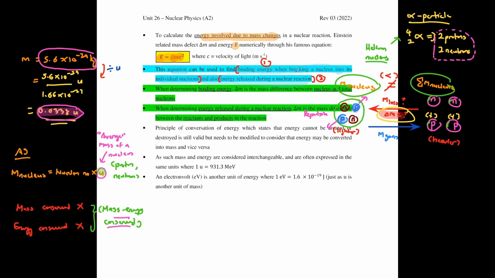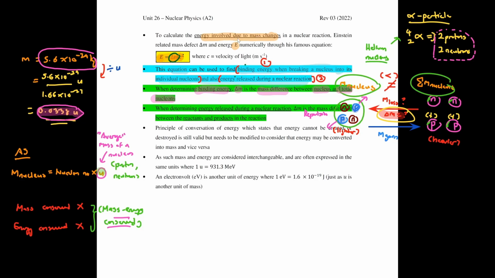Because there are two different situations where you would use that equation, the Δm that you use in this equation depends on the two cases. If you're using E equals Δmc² to find binding energy, the Δm is supposed to be the mass difference between the nucleus and the total nucleons.